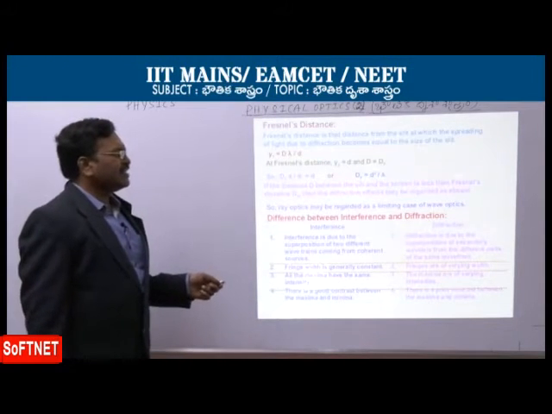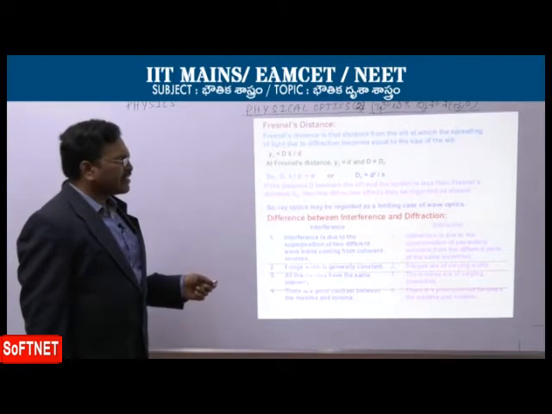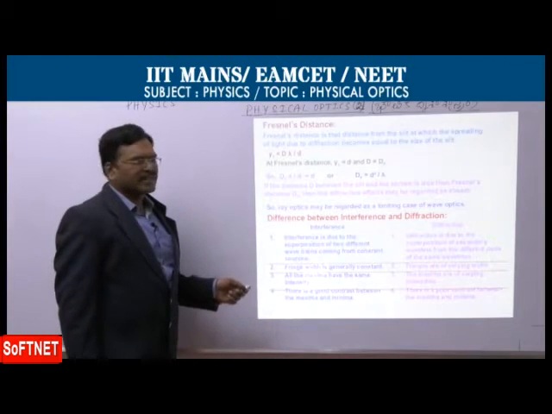If the distance between the slit and screen is less than the Fresnel distance, then the diffraction effects may be regarded as absent.